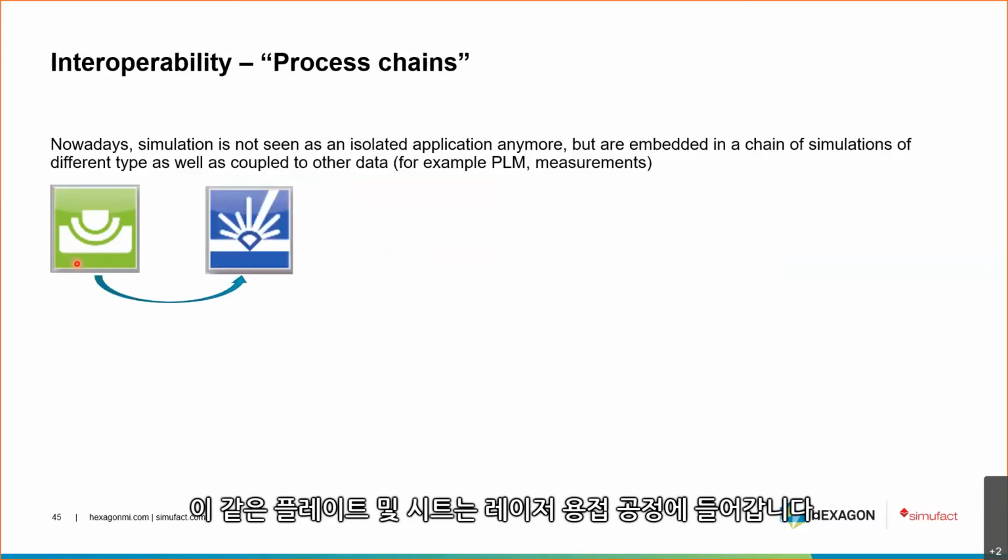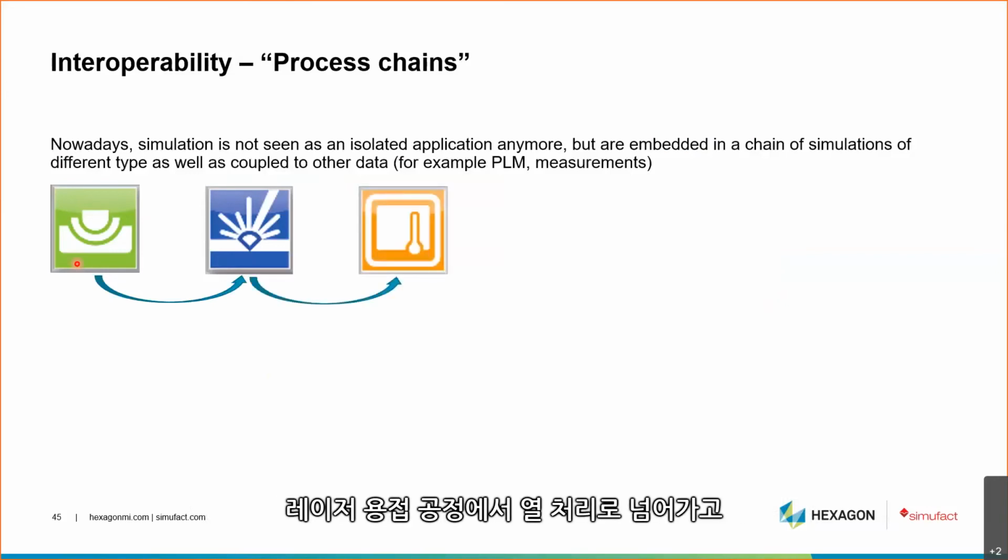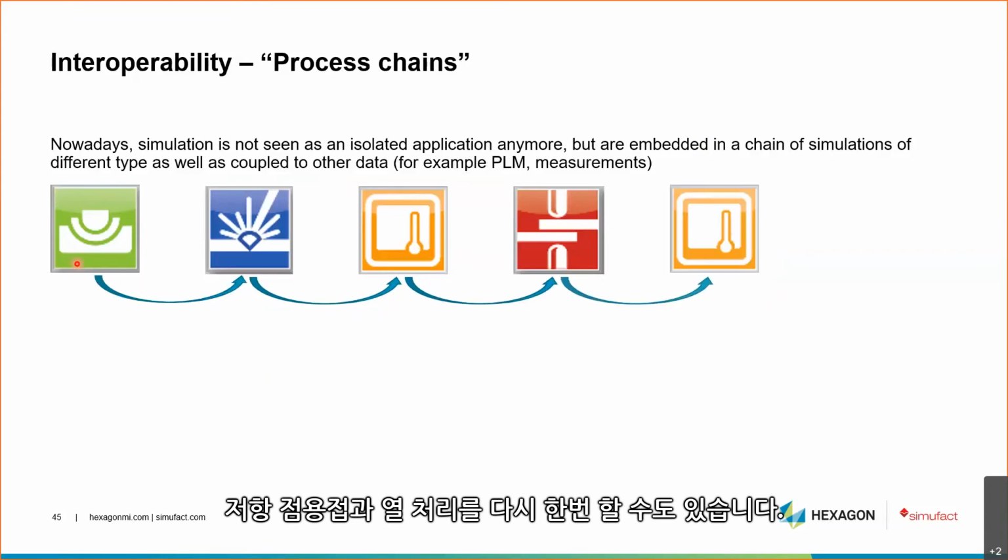With those plates and sheets, I go into, in this case, a laser welding process. From there, I go to heat treatment. Then after heat treatment, I maybe add some components and make resistance spot welding, heat treatment once again.